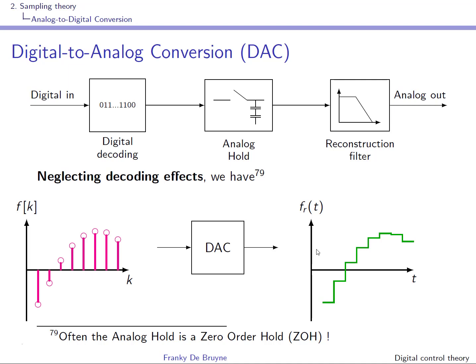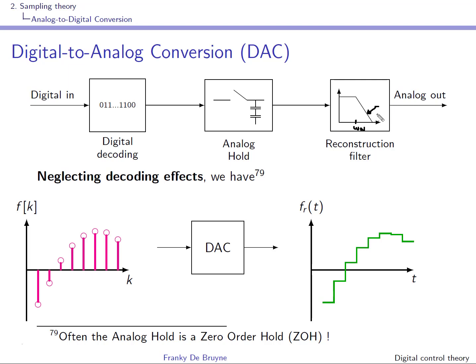We have seen in the spectrum of the reconstructed signal that you could still see the influence of the repetitions in the spectrum. So very often a reconstruction filter is used. It's a low pass filter and it will remove everything that is above the Nyquist frequency. Here again we'll take a filter that has a sufficient roll-off, so the slope is high enough over here.